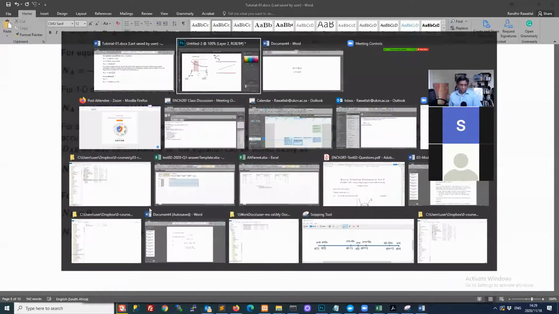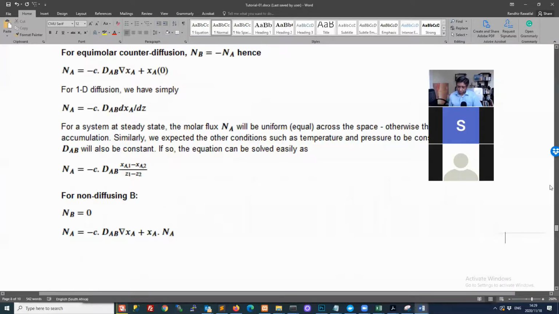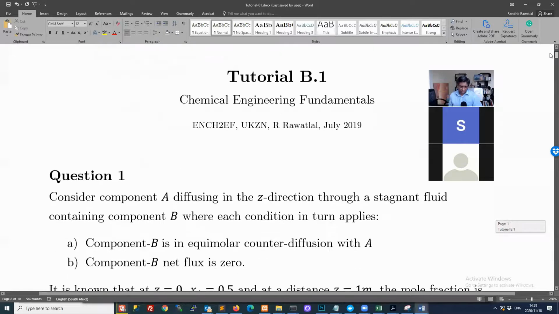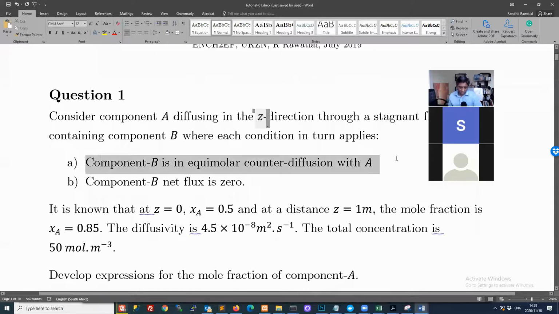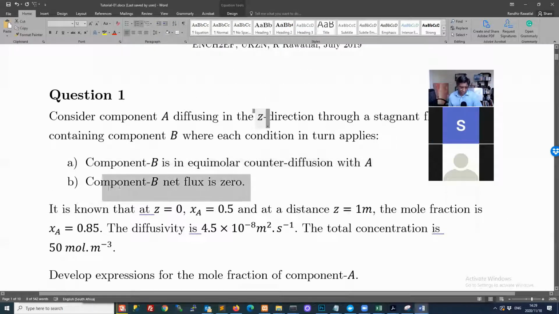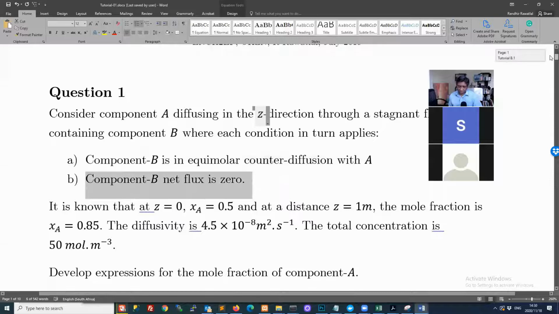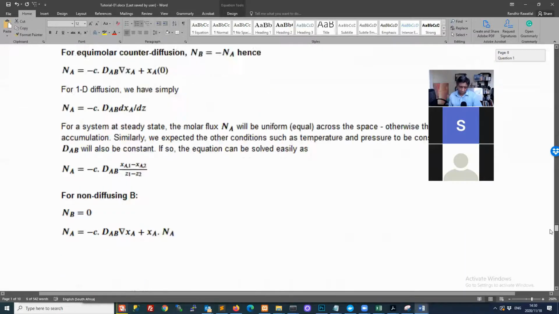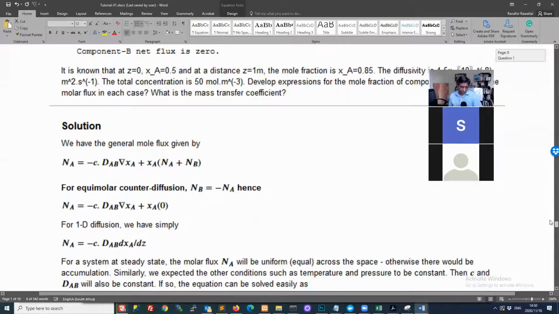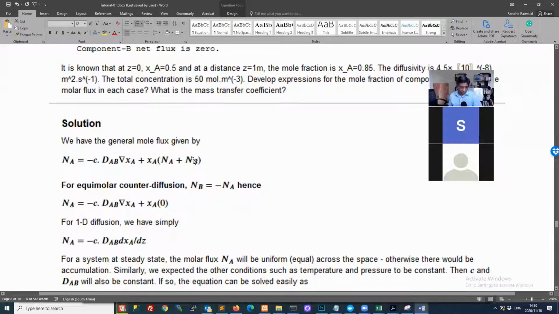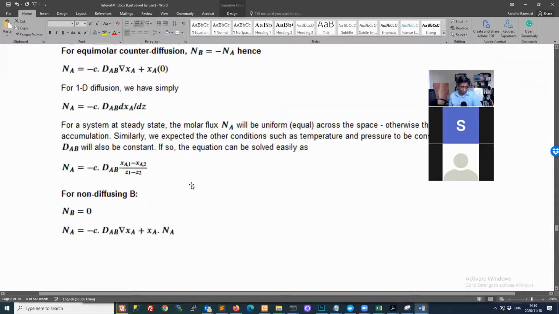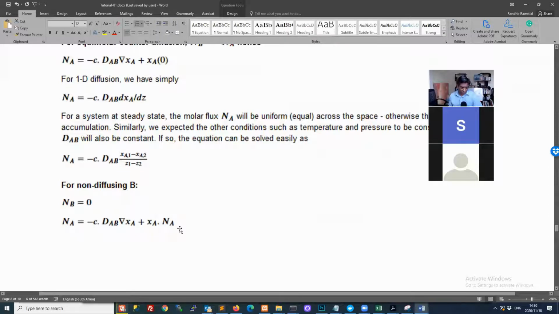Right, the next part of the question, just going back here. Part A is what we solved there. Then the next part says, what if your component B's net flux was 0? So if NB equals 0, it's no longer equimolar counter diffusion, and this equation simplifies like so. So that's your new equation now, and you've got NA on both sides here.